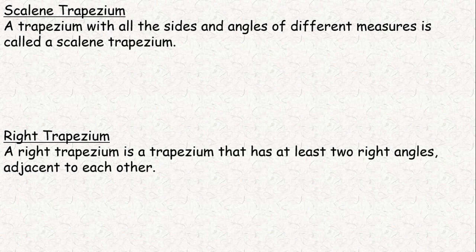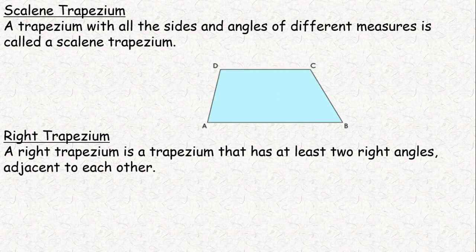Scalene trapezium: a trapezium with all sides and angles of different measure. You have heard about the scalene triangle where all sides and all angles are different. Same here, in scalene trapezium all sides and all angles are different. Next, right trapezium. Right trapezium is a trapezium that has at least two right angles adjacent to each other.